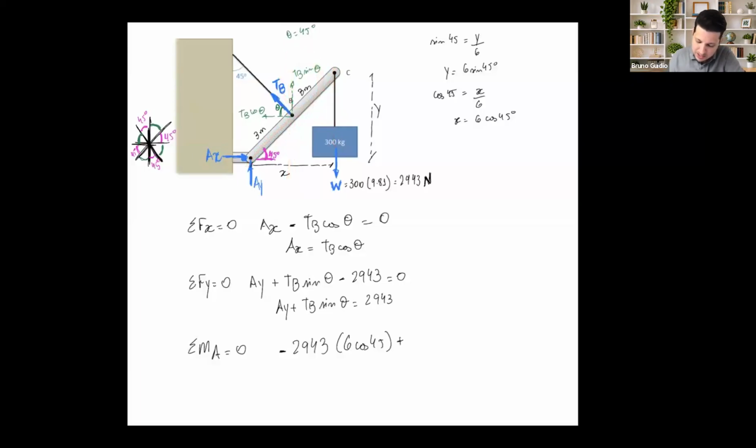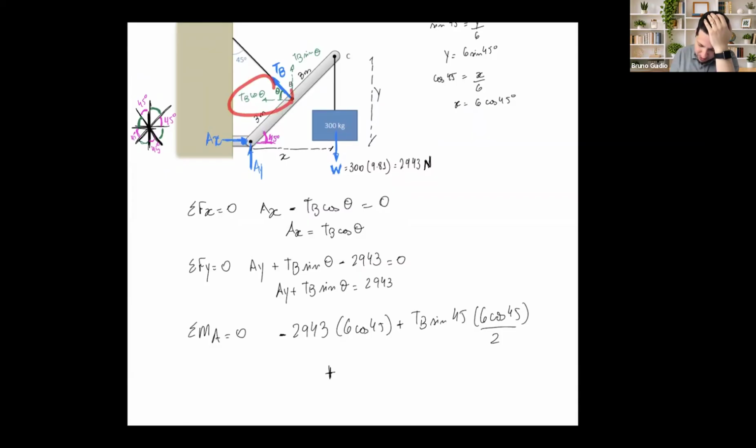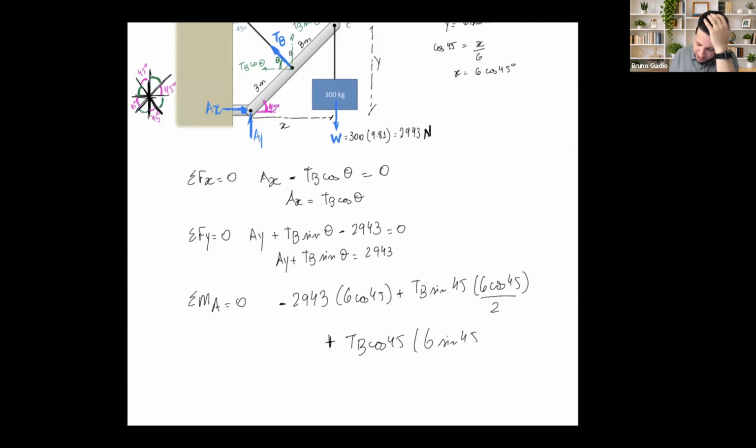So this is going to be TB sine of 45 times 6 cosine 45 divided by 2, plus TB cosine and half the distance of y. So this is going to be TB cosine 45 times 6 sine 45 divided by 2. And all of these should be equal to 0.